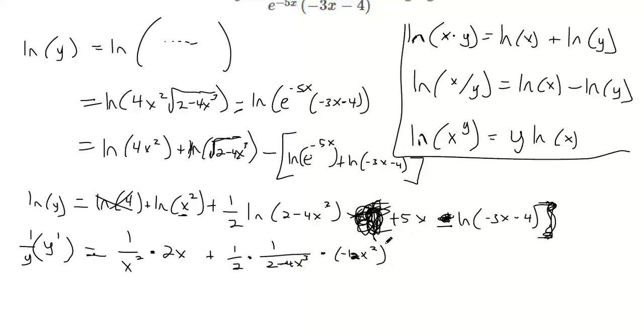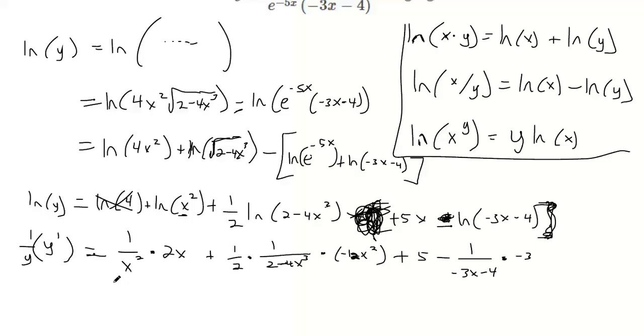And then still going term by term, that's a plus 5x, so the derivative of 5x is just 5. And then this is minus the derivative of natural log of negative 3x minus 4, so that's 1 over negative 3x minus 4 times the derivative of the innermost function, so times that negative 3.